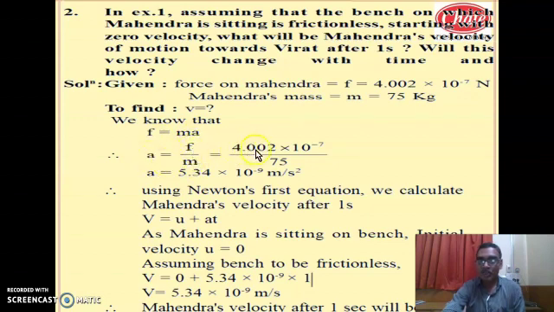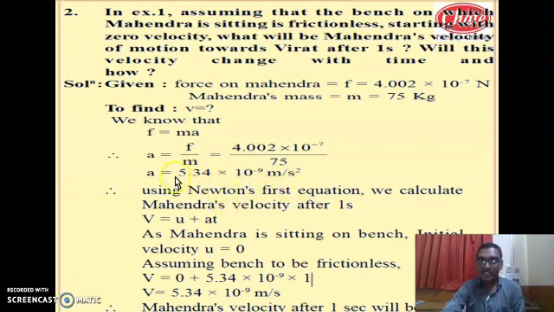Force is 4.002 into 10 raised to minus 7, the force of attraction between Mahendra and Virat, divided by the mass of Mahendra. Solving this, we get the acceleration of Mahendra as 5.34 into 10 raised to minus 9 meter per second square. This is a very small value of acceleration.